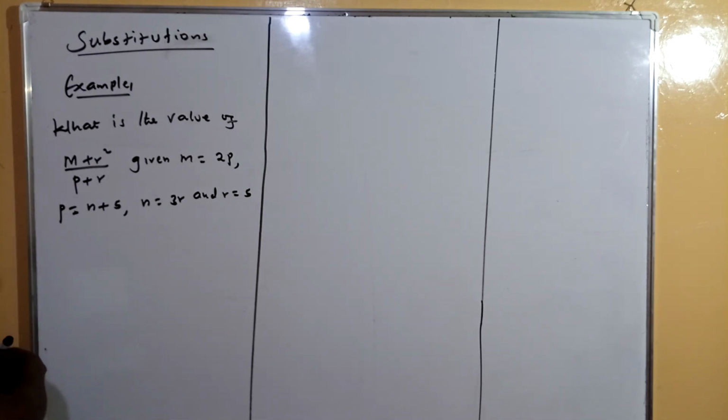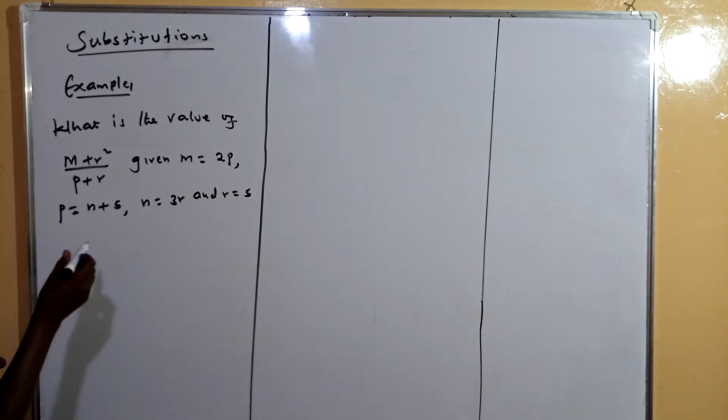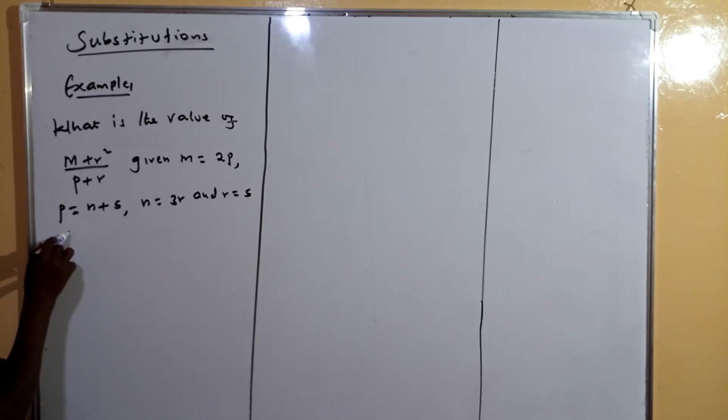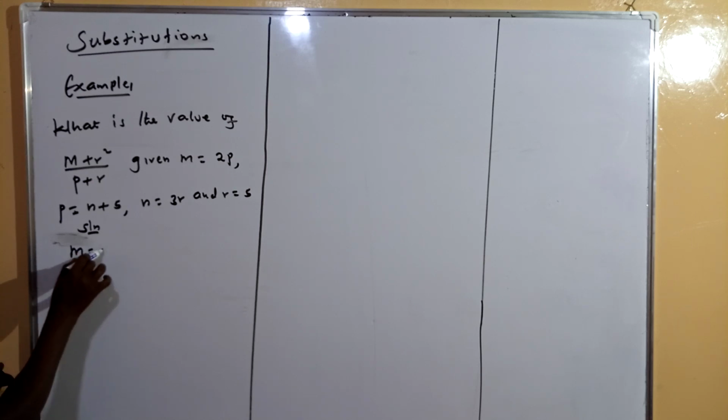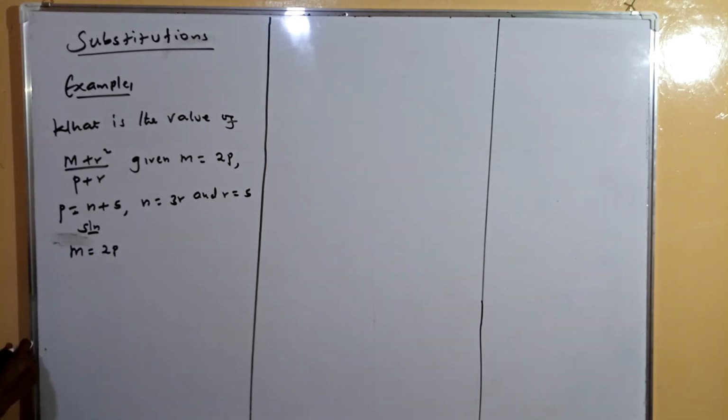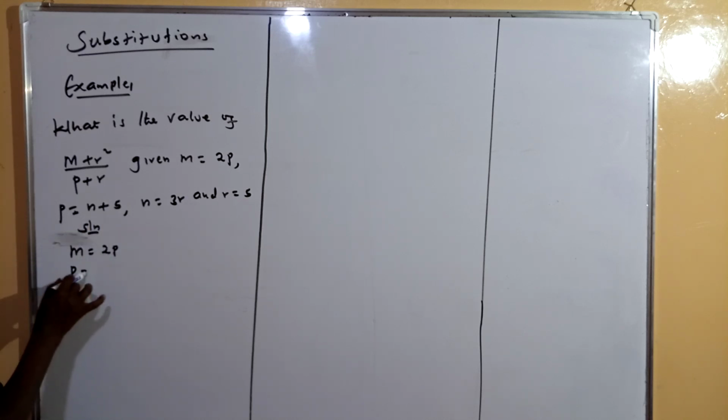Here you are told m is equal to what? When you come to the solution, we know that m is equal to 2b, 2 times the value of b, but we don't have b. b is equal to n plus 5.